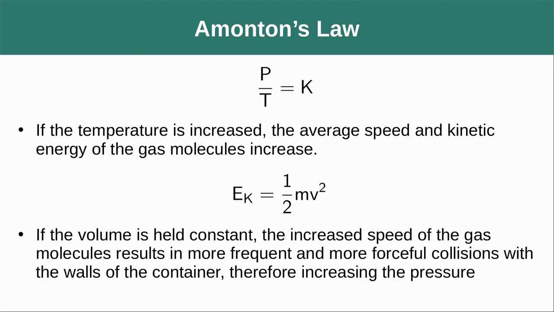So this is consistent because if the volume is held constant, the increased speed of the gas molecules results in more frequent and more forceful collisions with the walls of the container, and that's going to increase the pressure. So if every molecule has a higher kinetic energy, it's going to exert more force on the walls of the container when it strikes it.